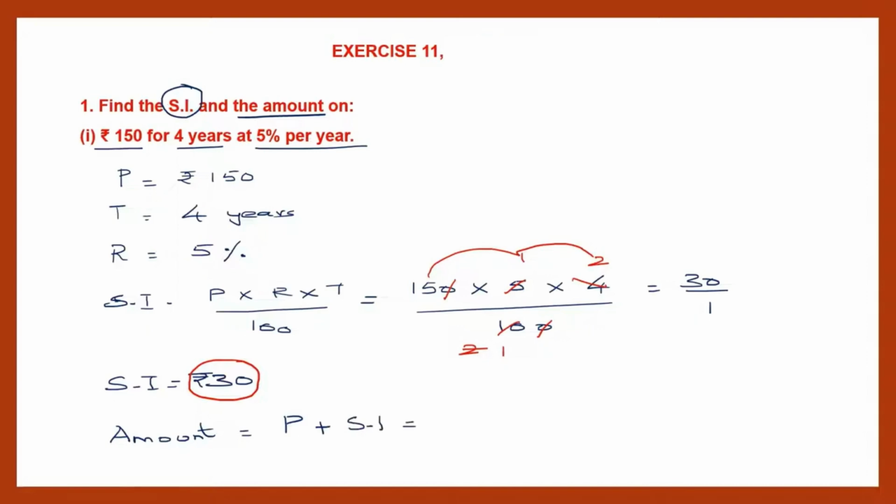So principal is rupees 150, and simple interest, which we just found out, is 30 rupees. So 150 plus 30 is 180 rupees. So we've got the first part of our answer. Find the simple interest, we found it to be 30, and the amount we found it to be 180.